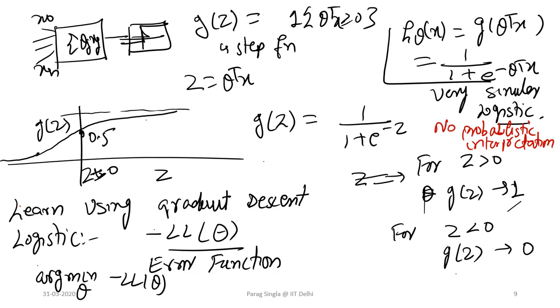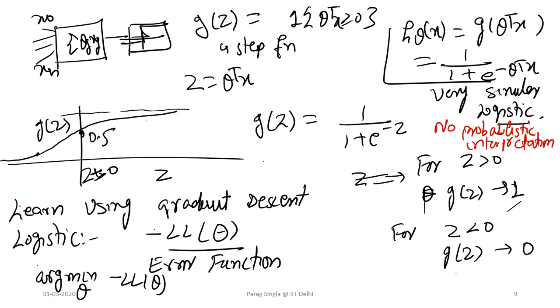Not exactly around theta transpose x equal to 0, where it behaves linearly, but the moment we move away from z equal to 0, on the right side it goes to 1, and on the left side it goes to 0, which is a nice property that can be utilized.